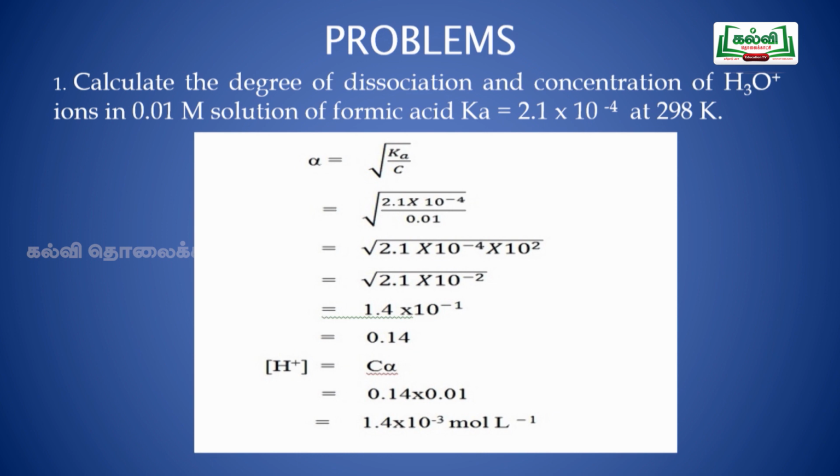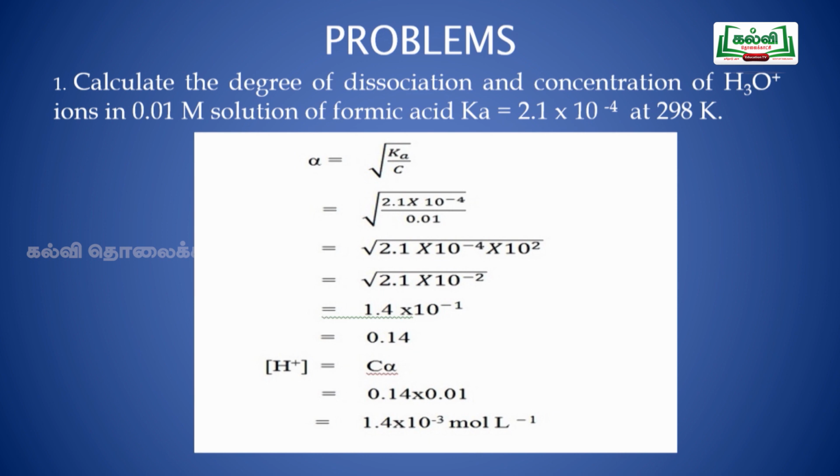So the simplification becomes root of 2.1 into 10 power minus 2. Root of 10 power minus 2 is 10 power minus 1. Root 2 we know the value, that is 1.414. So finally, alpha is equal to 1.4 into 10 power minus 1.